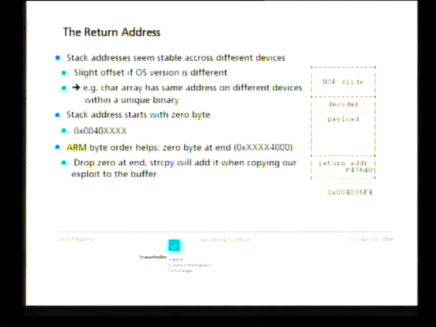The heap is usually at this address, so that's pretty fixed. There's no randomization or nothing. So if you debug and find the buffer addresses in your application on the stack, then they're there.